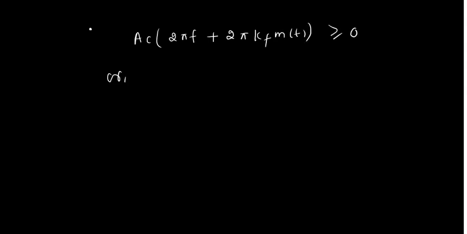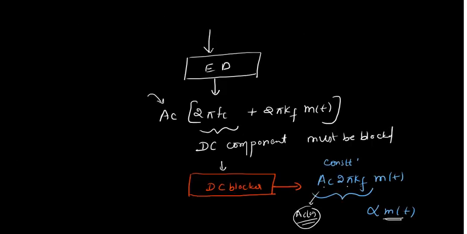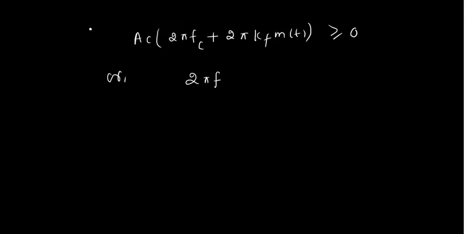There was some mistake on the slide, so just correct it: it must be fc, so 2π fc plus 2π k f m(t) must be greater than or equal to 0, correct?